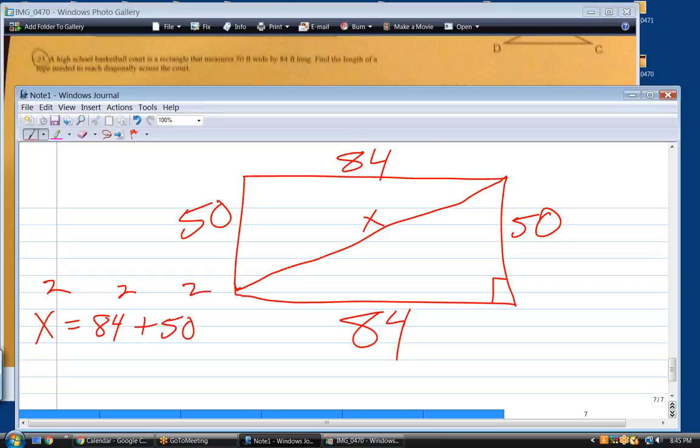So if I'm writing it, that's what it looks like. But if I'm solving for x, I have to take the square root of both sides. So x is going to be the square root of 84 squared plus 50 squared. And that's always what the hypotenuse is.